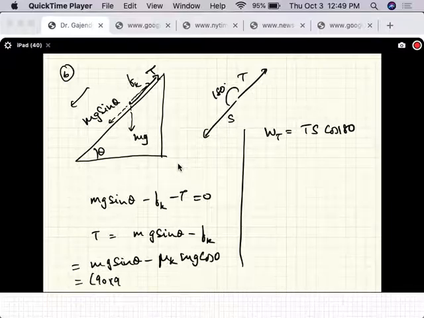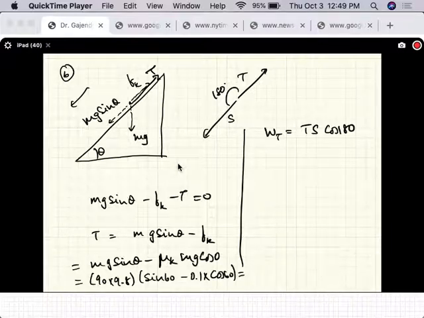90 times 9.8 times sine 60 minus 0.1 times cosine 60. Let me have somebody's calculator.